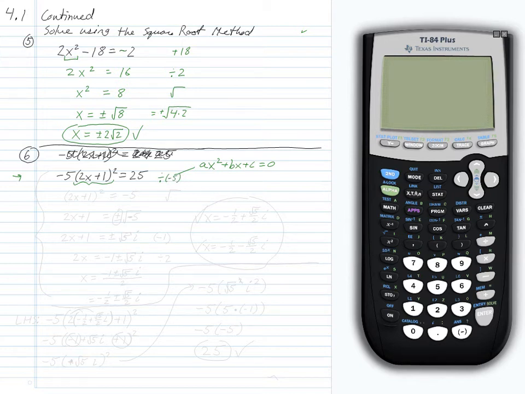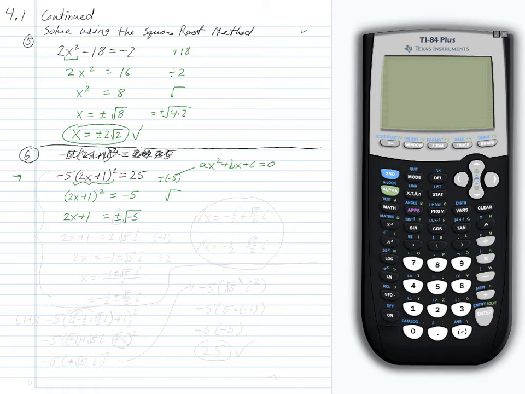So if I do that, I see that 2x plus 1 squared is equal to -5, dividing 25 by -5. Now I'll apply the square root property. Because I have something squared equals a number, I can square root both sides, and I see that 2x plus 1 equals the positive or negative square root of -5.